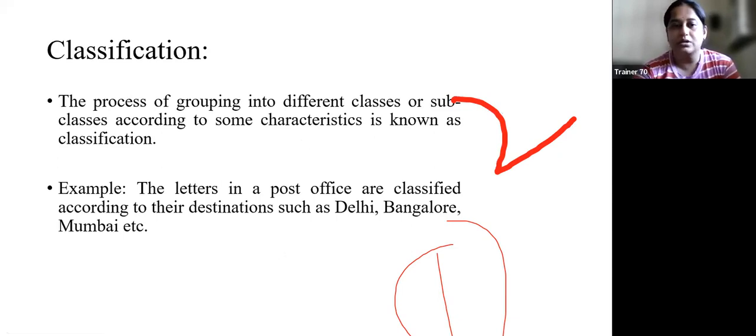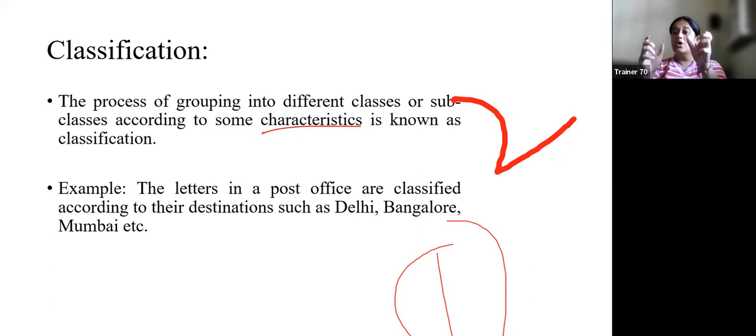Then we have classification. Classification means the process of grouping into different classes or subclasses according to some characteristics. Now, again, this word, some characteristics, is very important. Classification means basically we are making groups, but on which basis?